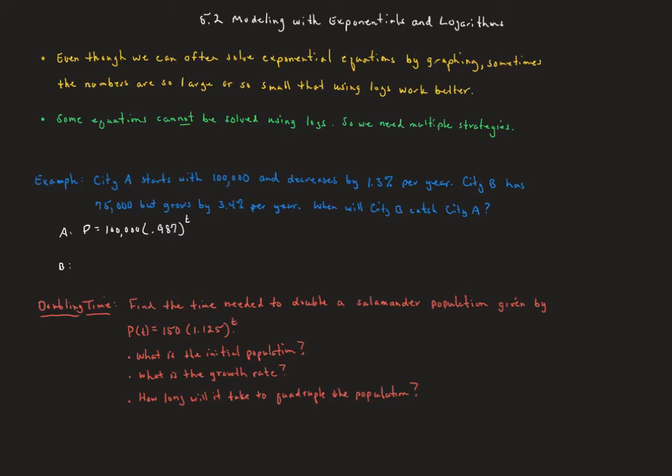City B is the one that's growing, so it's going to have a population equal to 75,000 times 1.034 raised to the t power.